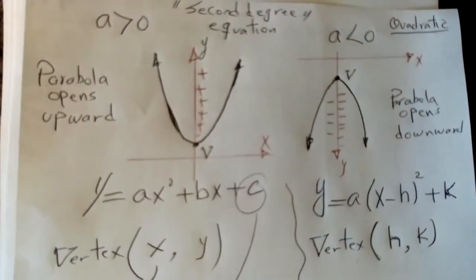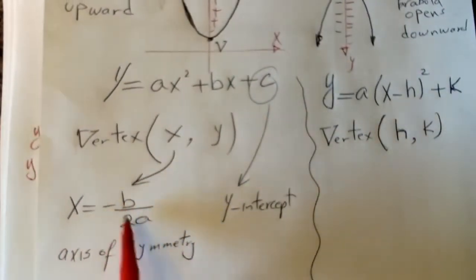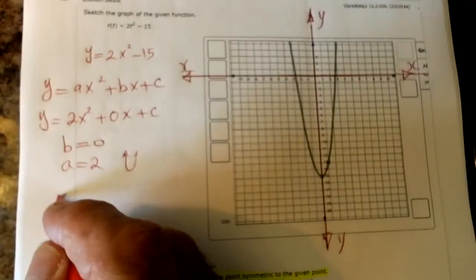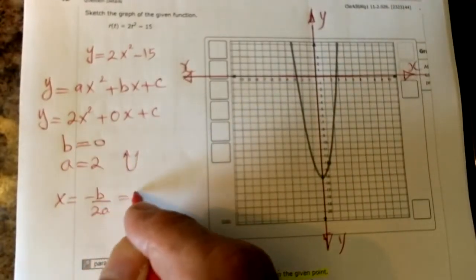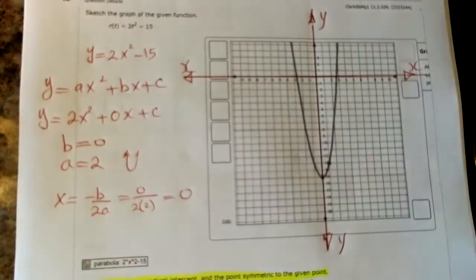Then I need to find the vertex. The x of the vertex is minus b over 2a. But b is 0. It doesn't matter what a is, x is 0.